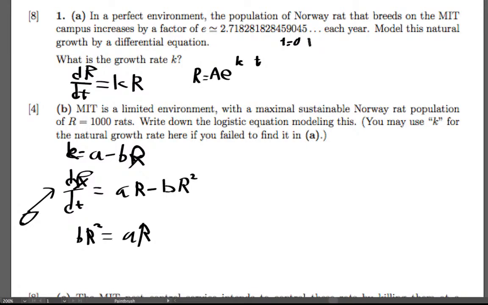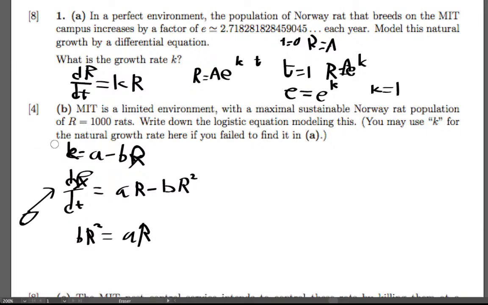R would equal A, but when time is one, R here would equal a e to the power of k. And so when you take the ratio, this thing should be e, because that's the factor. So when you do that, e to the power of k, we got k is 1. Good.